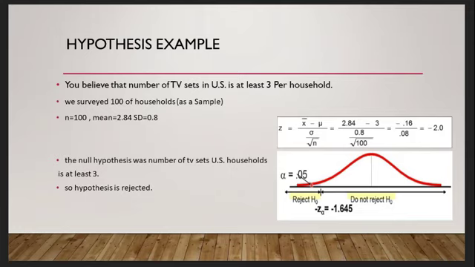At least 3 means equal to 3 or more than 3, right? This is an assumption. The first step, make a frame for hypothesis testing. What is the null hypothesis? Let's formulate null and alternative. The null hypothesis says there are 3 or more, so the alternative should be less than 3 TVs, yes?